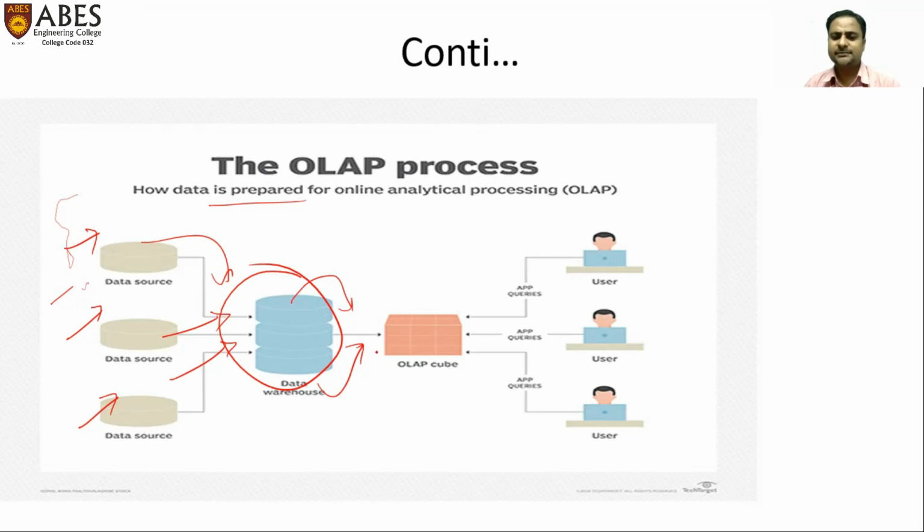The online analytical processing queue is basically intelligent software which supports the query handling tools and applications to make queries by different users, and users can get their desired information. So it is a bidirectional process between the OLAP queue and the user.